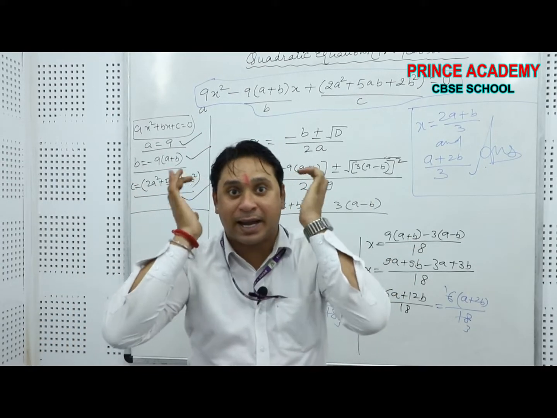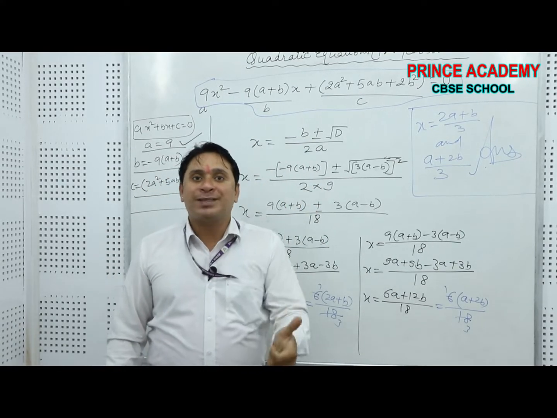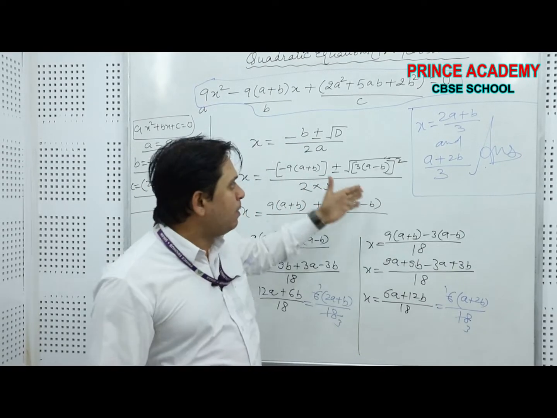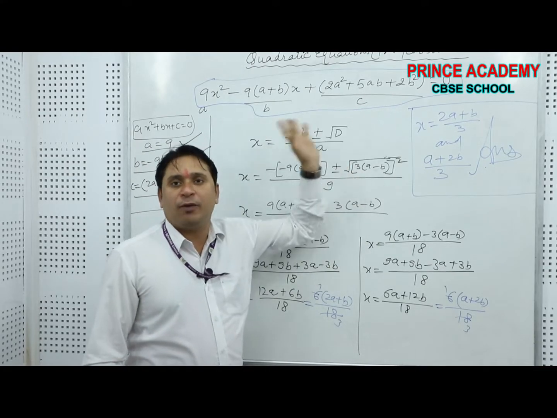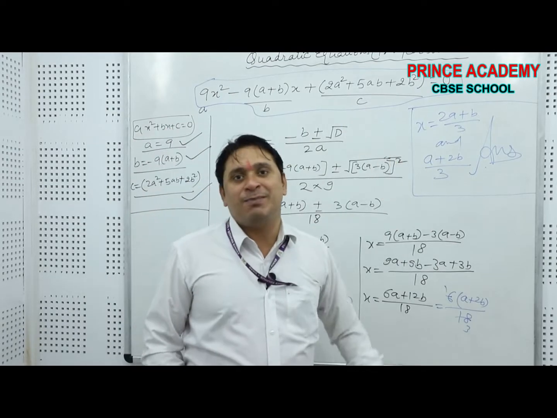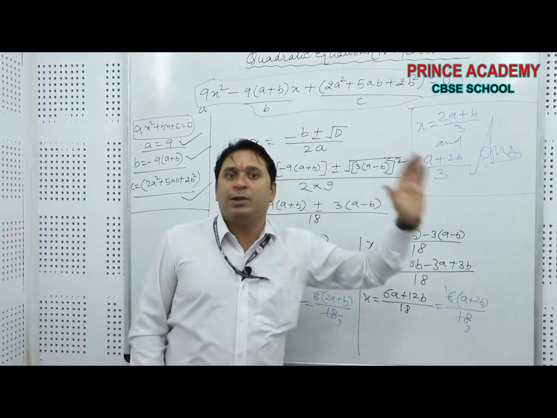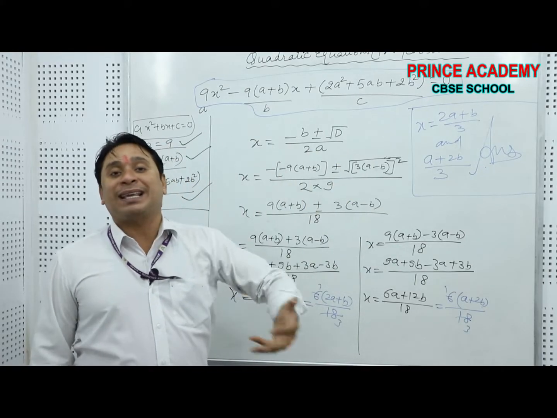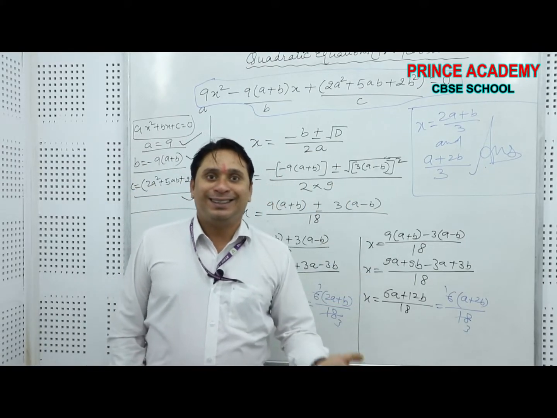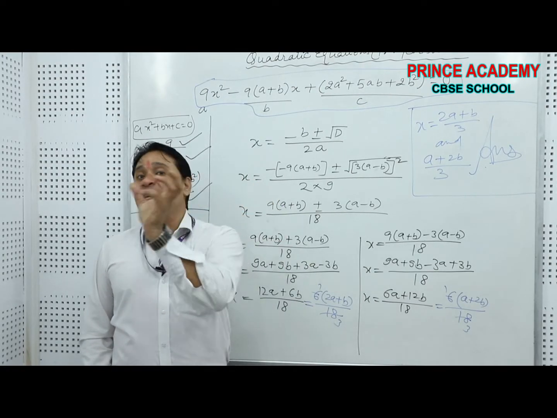First we use our mind. Which formula is most suitable for the solution of this kind of question? Okay, factorization is also possible here. By the completing the square method you can do it also, but which is the more convenient method? This depends on your keen observation.